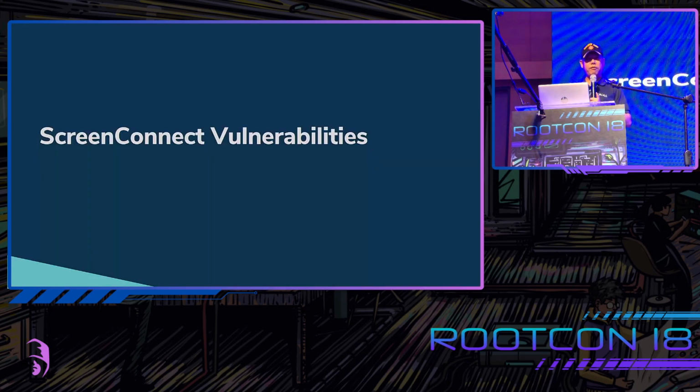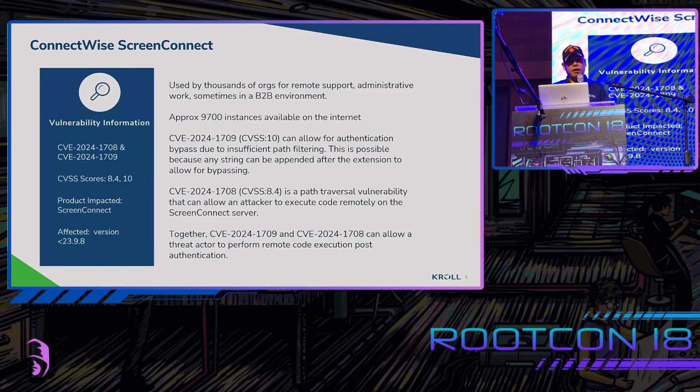Before that, I'm gonna talk about the ScreenConnect vulnerability. ConnectWise ScreenConnect is a remote access application. It's been used by thousands for remote support and administrative work, and it's often deployed in business-to-business environments for remote assistance. So kind of like the things that most IT admins use every day, right?